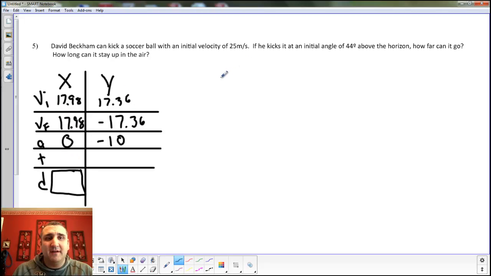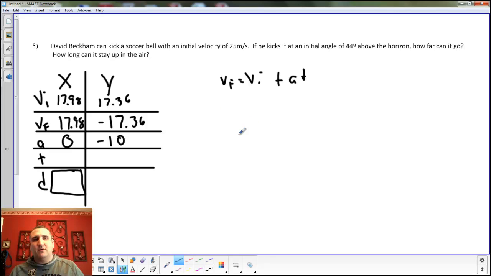If you do this with your x stuff, you're just going to get a time of infinity or a time of 0, so it can be any answer, because you'll end up with 0 equals 0 times t. Anything you put in will work algebraically, but it's not very useful information. Always use your y for this equation to give you the time.